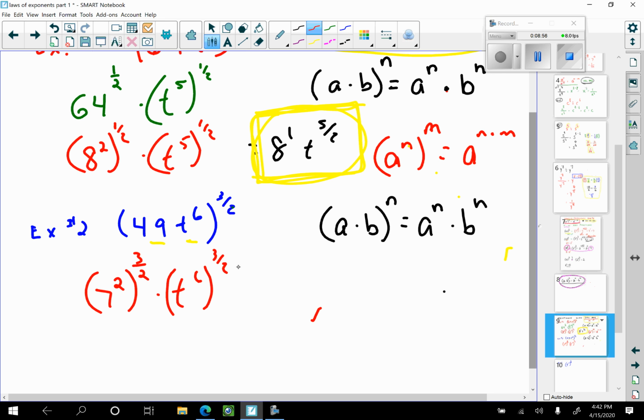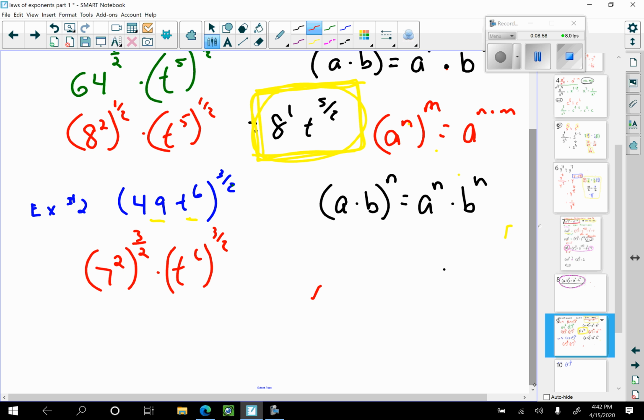What I need to do then is multiply those exponents. What's 2 times 3/2? Oh, the 2's cancel. That's just 3. And now what's 6 times 3/2? Well, 6 is 2 times 3, these 2's cancel. 6 times 3/2, ladies and gentlemen, is equal to 9. 3 times 3.